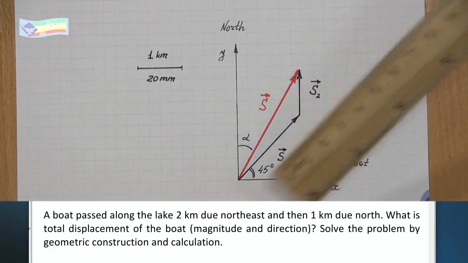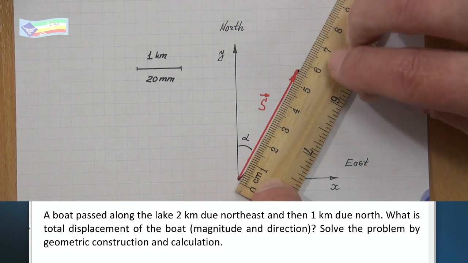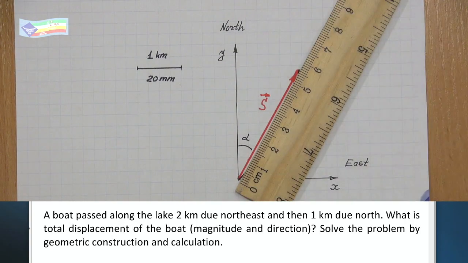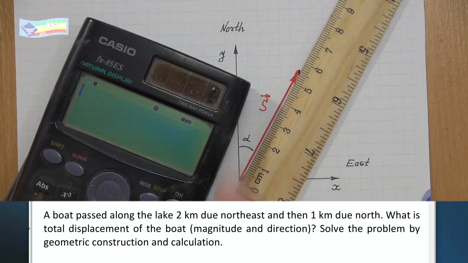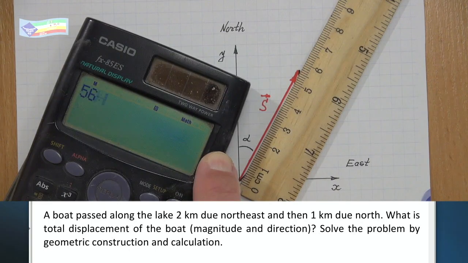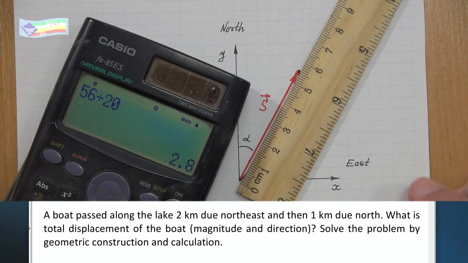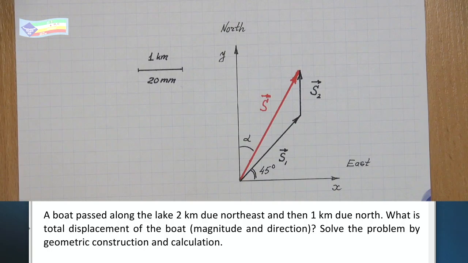Let us measure its magnitude: 56 millimeters, or when calculated to reality, 56 divided by 20 gives 2.8 kilometers. 2.8 kilometers is the magnitude of the total displacement.